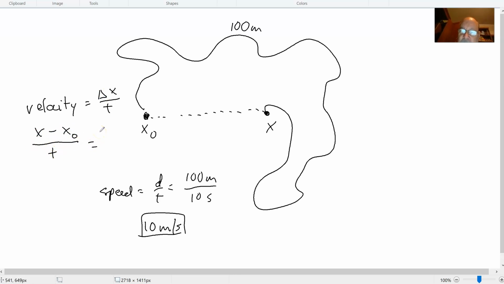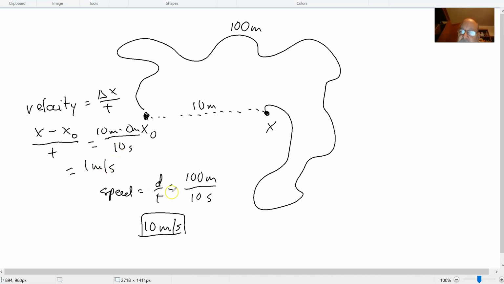In this case, we're going to say that our displacement is 10 meters from the initial to final position. So I'm going to say 10 meters minus 0 meters over, and we said it was 10 seconds, so that equals 1 meter per second.